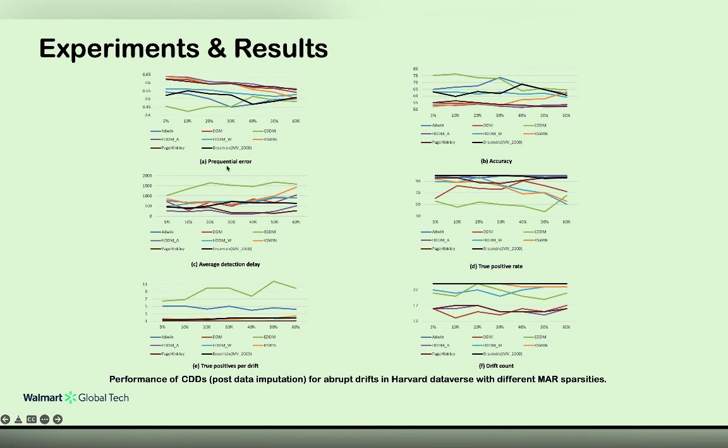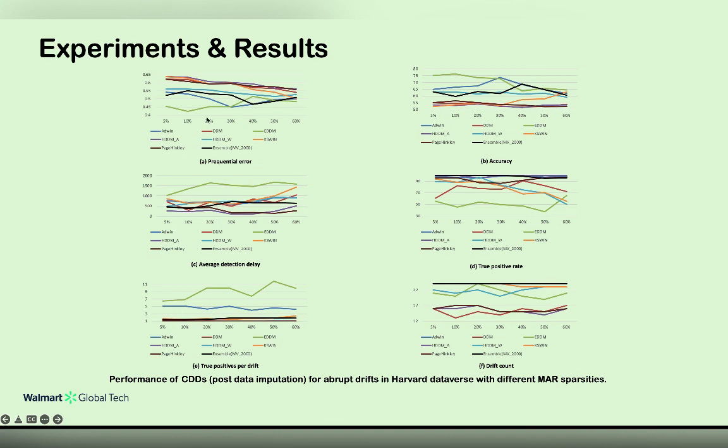If we go with accuracy, this also holds true, with up to 20% missingness in data. Accuracy is best for EDDM, but it takes quite a lot of time to detect the drift, so average detection delay is quite high.